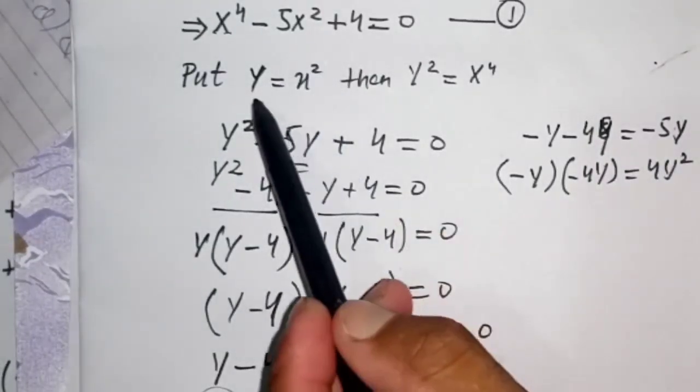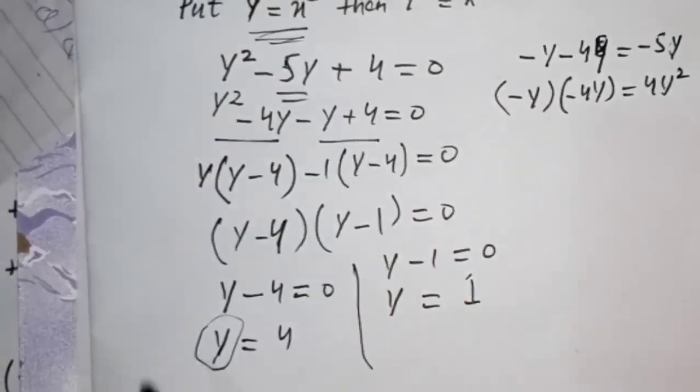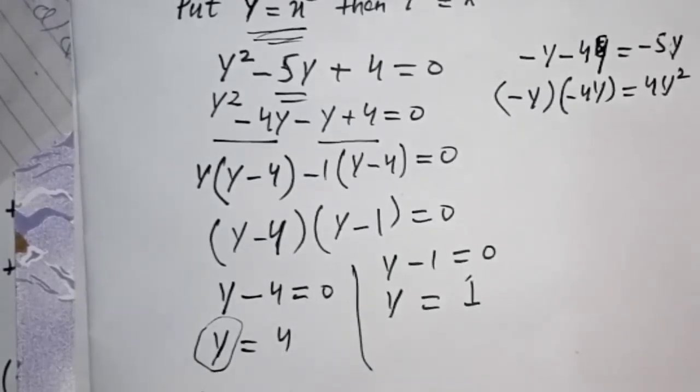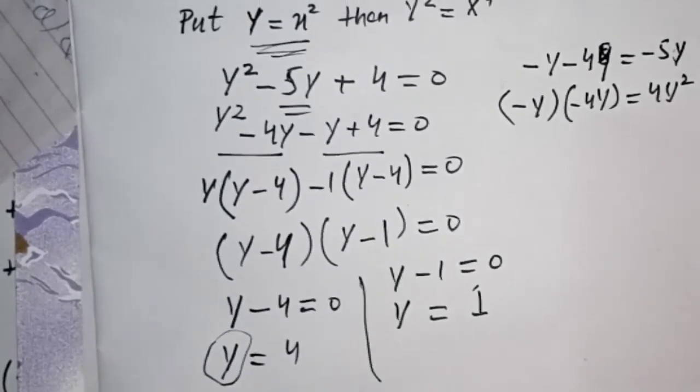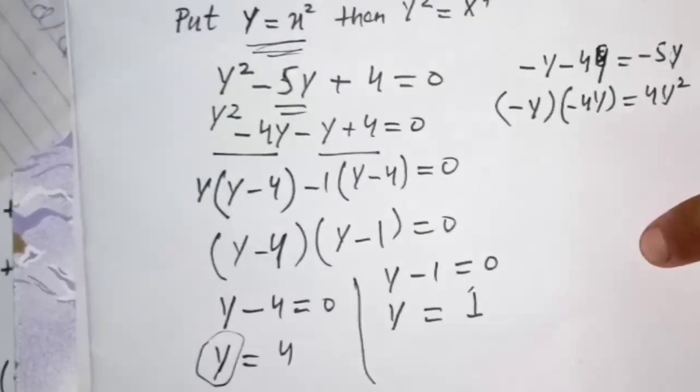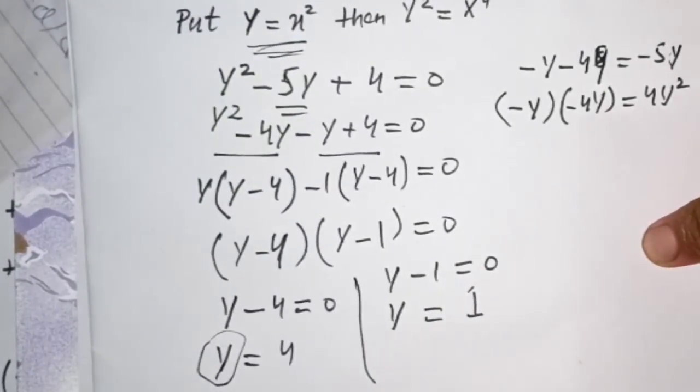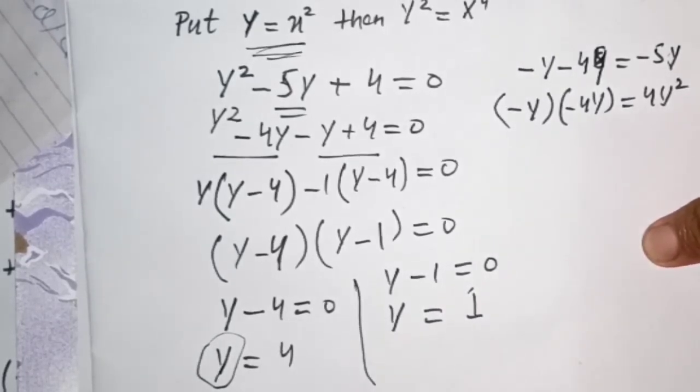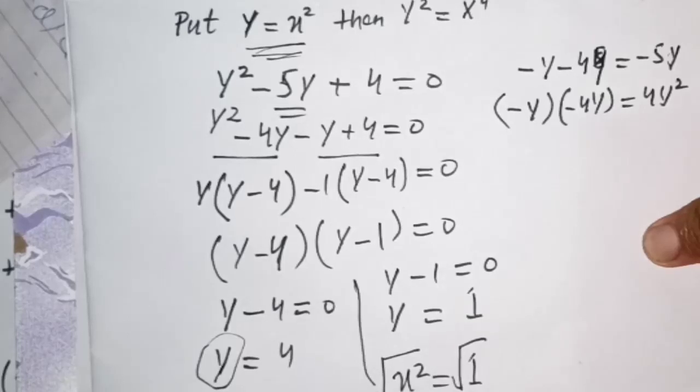We put y = x^2. So if x^2 = 4, taking the square root of both sides, we get x = ±2, and the same for x^2 = 1. If we take the square root of both sides, we get x = ±1.